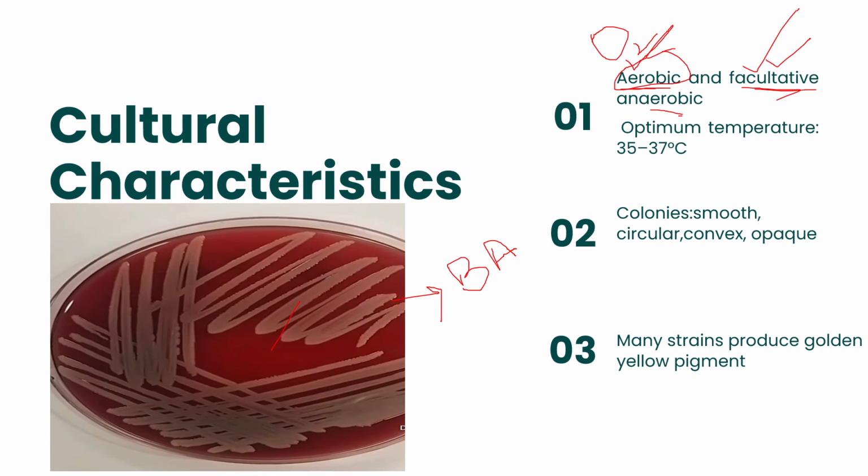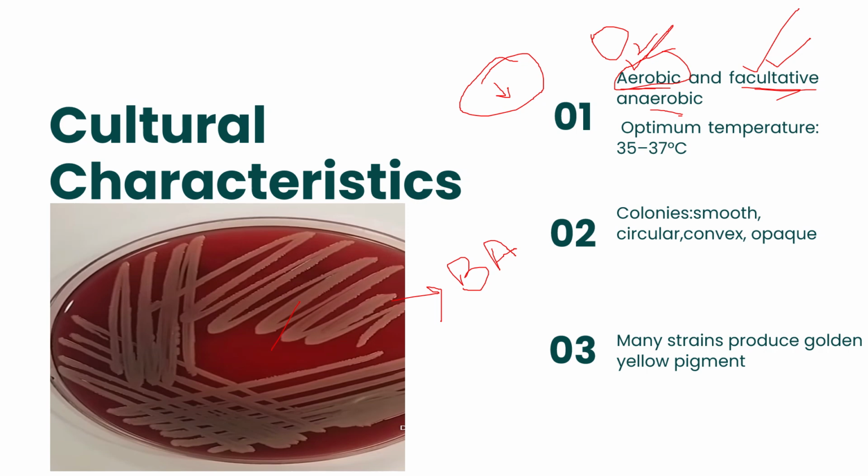Like in an infection where pus is formed, we call it an abscess. So there are pockets of pus. In pus, the oxygen content is very low. In these conditions, this bacteria will use this quality to grow and survive and cause infection. So facultative anaerobe means they require oxygen, but they can also grow in the absence of oxygen.